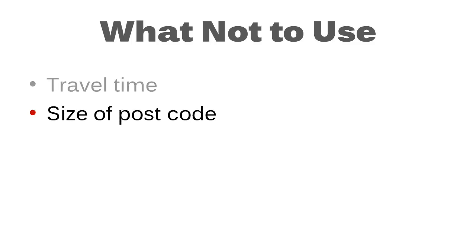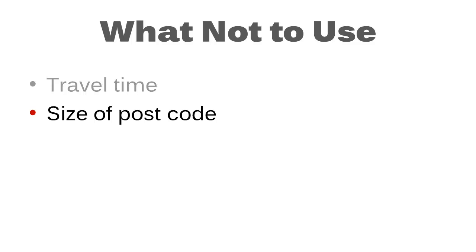One that you can include, but we recommend that you don't, is the size of the postcode or zip code. So you could say, this zip code is very big, therefore I'm going to use the area as a proxy for travel time and the amount of work associated with going around the zip code or postcode.